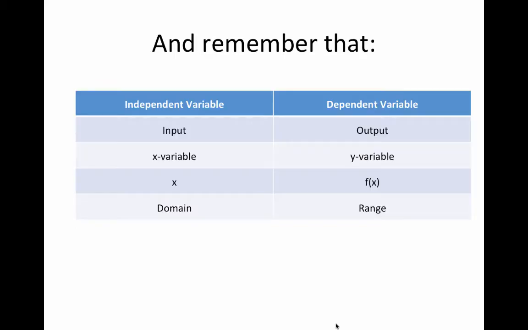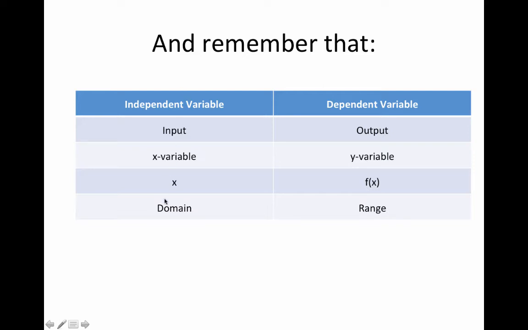A couple of things I want you to keep in mind are that we had a chart in some notes we took a couple of weeks ago that showed us the relationships between the terms independent variable and dependent variable and other terms that we've been studying.